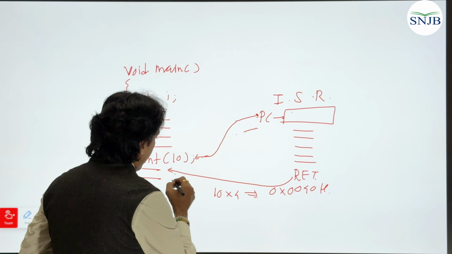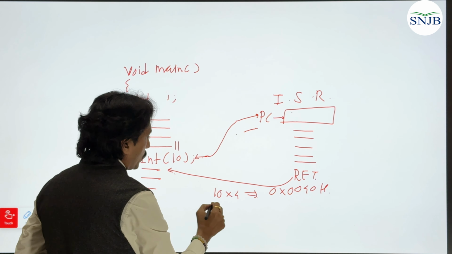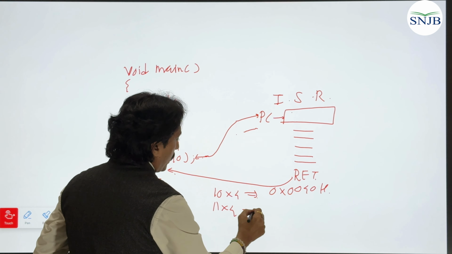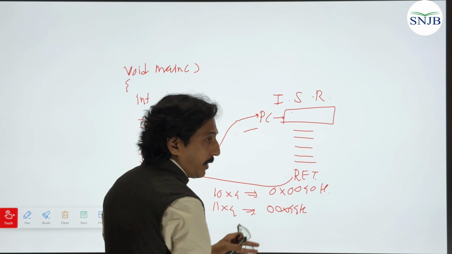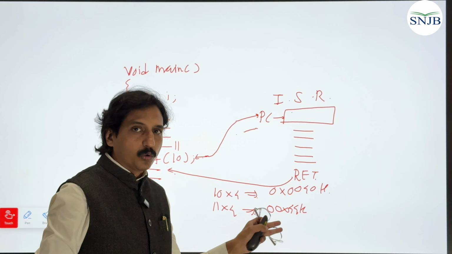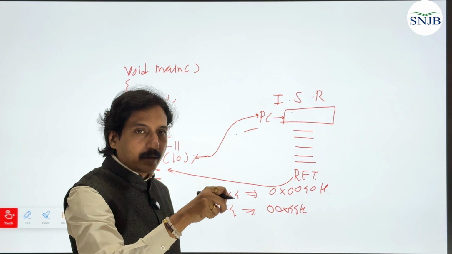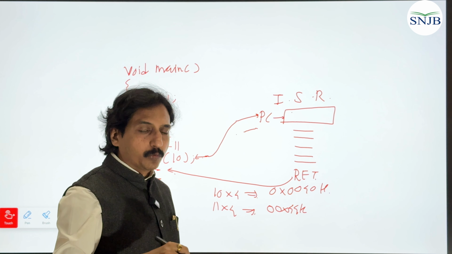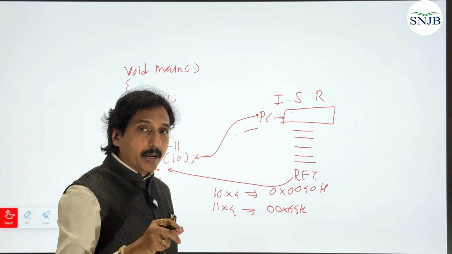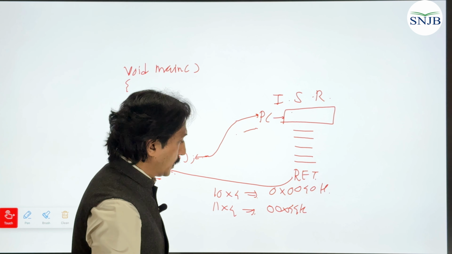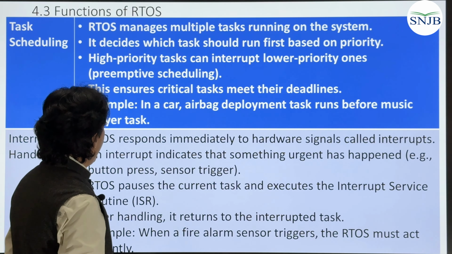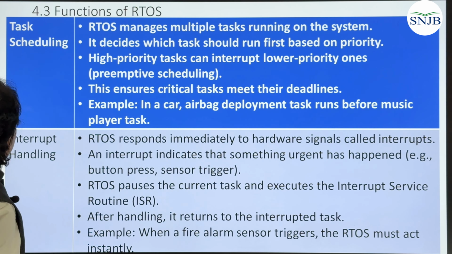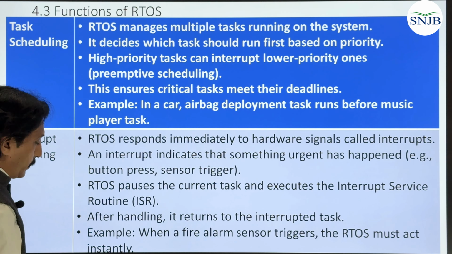If this is interrupt number 11, then 11 multiplied by 4 gives the 00x44h hexadecimal value. This is the location of the interrupt service routine. It has been written into the physical memory of the microprocessor. So this is about the interrupt service routine, and this is all about task scheduling and interrupt handling.